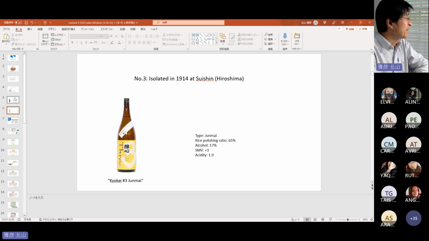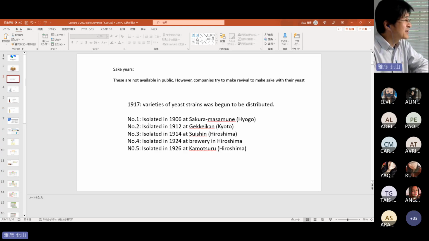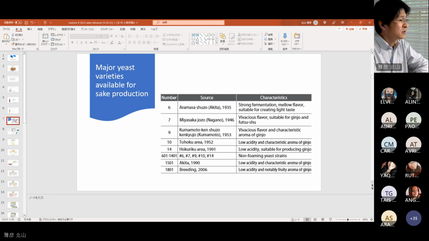So the company that originated these yeast strains, some companies tried to make revived sake by using classic yeast strains. And more strains of yeast have been isolated: number 6, 7, 9.